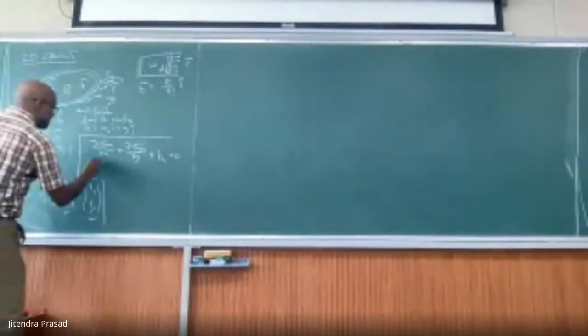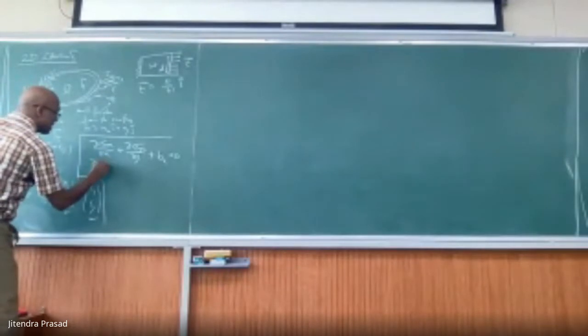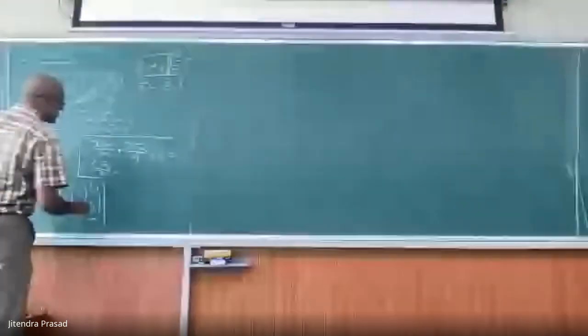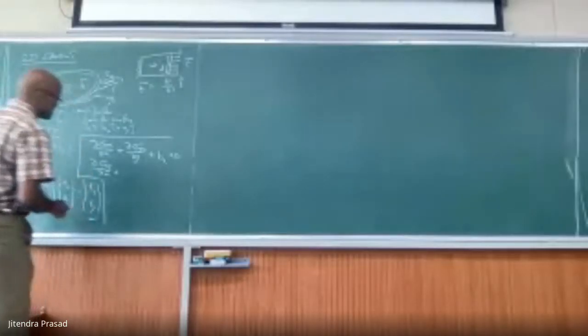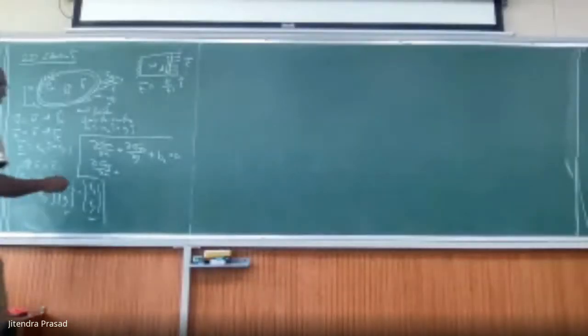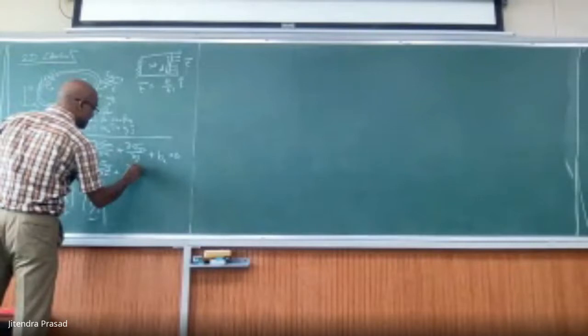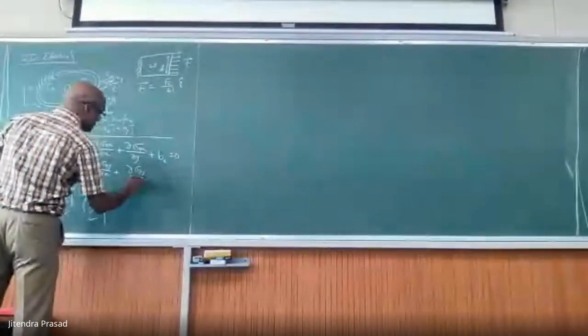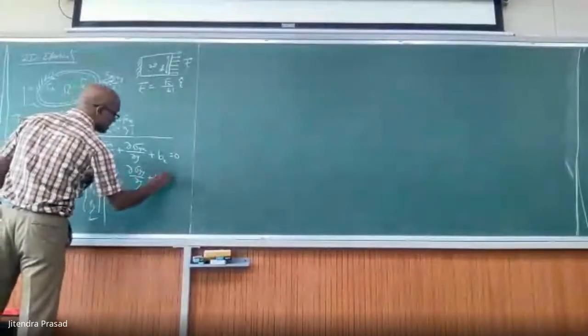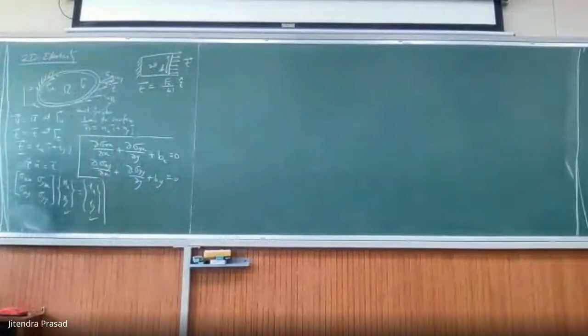This was the first equation. The second was del sigma xy over del x plus del sigma yy over del y plus by is equal to 0.